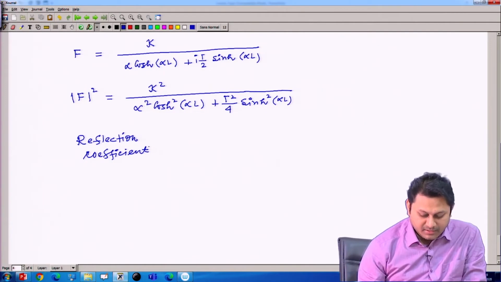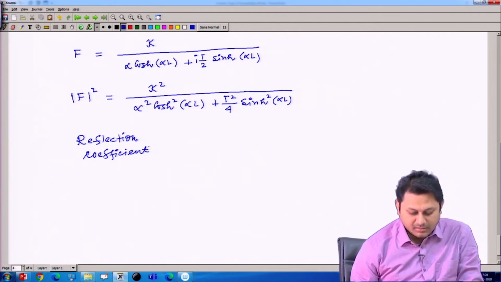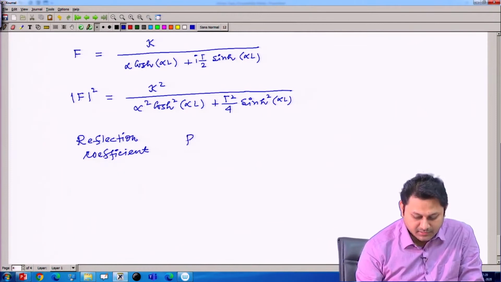I just define the reflectivity or the reflection coefficient as R, which is mod of B 0 square divided by mod of A 0 square.